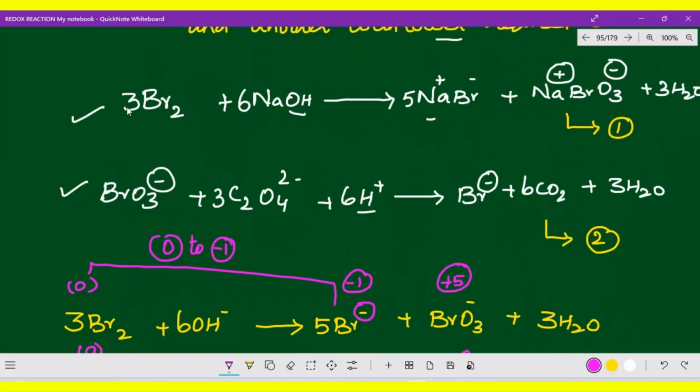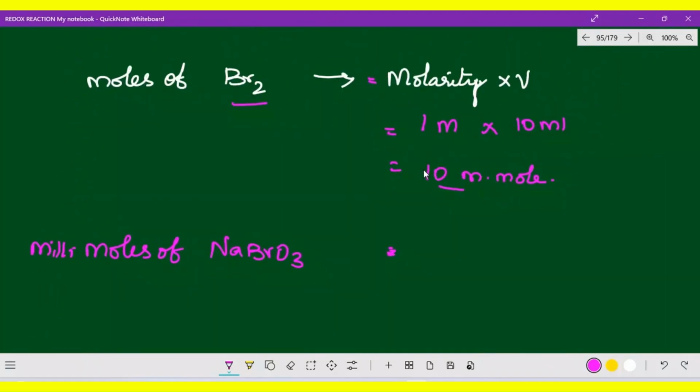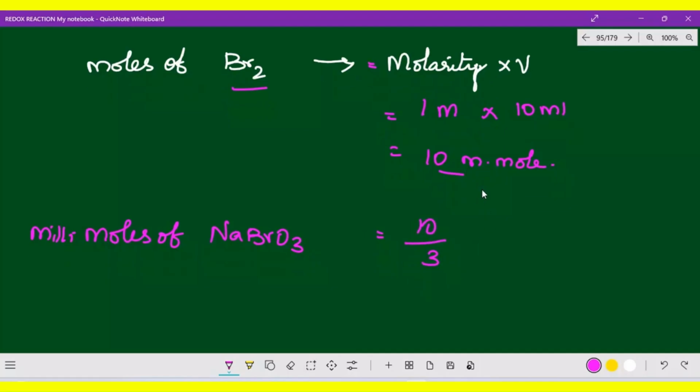In this equation also, 3 moles of bromine can provide NaBrO3, right? That means here bromine is 10 millimole, so NaBrO3 is equal to 10 by 3, right? Now this is millimole only. So the millimoles of NaBrO3 is equal to 10 by 3.